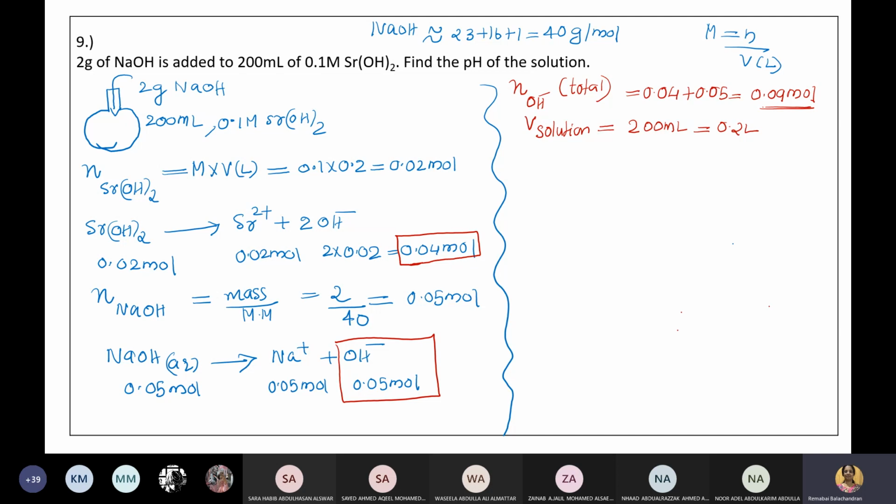So we take the volume of solution as just 200 ml. Imagine you have 200 ml of black coffee and you add a little bit of sugar and mix it. The volume will not increase too much.